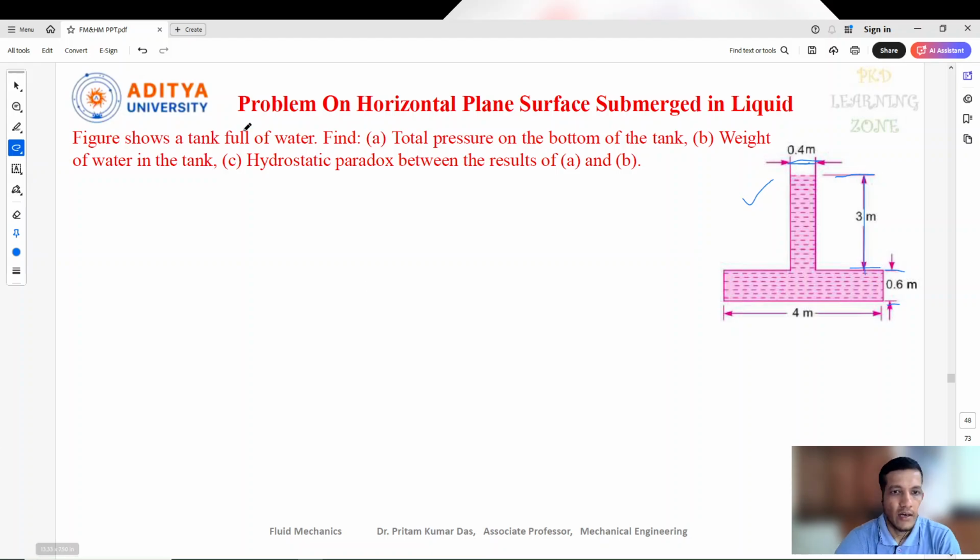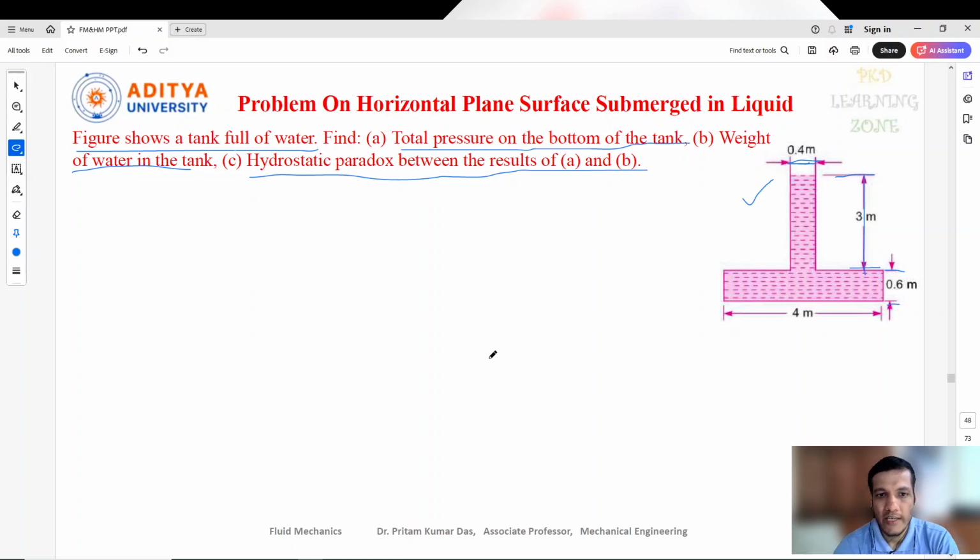We need to find the total pressure on the bottom of the tank, the weight of the water, and then the hydrostatic paradox between results A and B.